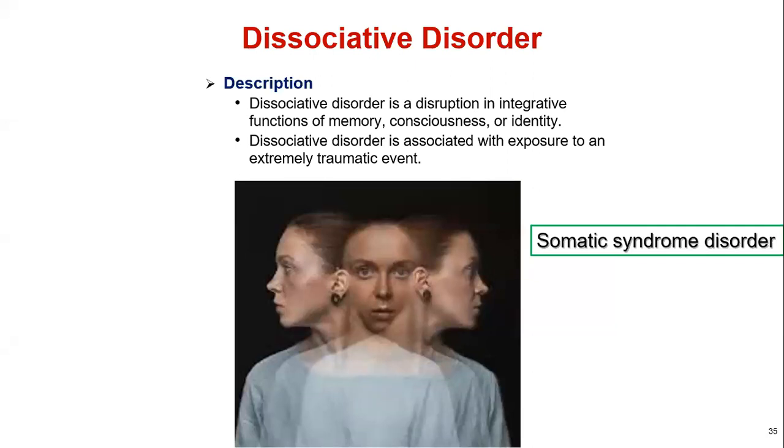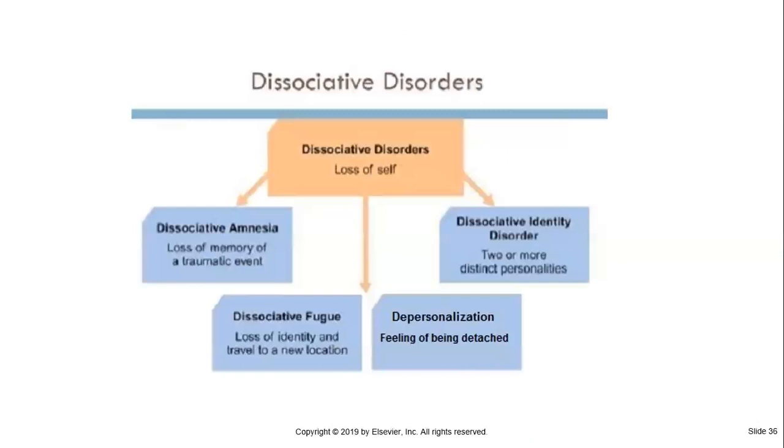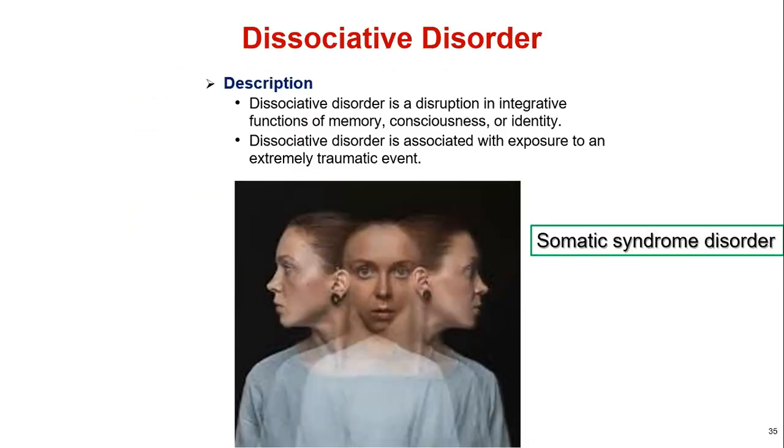A person who has dissociative disorder may show the most common signs and symptoms of dissociative amnesia or depersonalization disorder, and they may also show dissociative identity disorder. So these are the types and causes of dissociative disorder. Before I explain all of them, I want to tell you what somatic symptom disorder is.